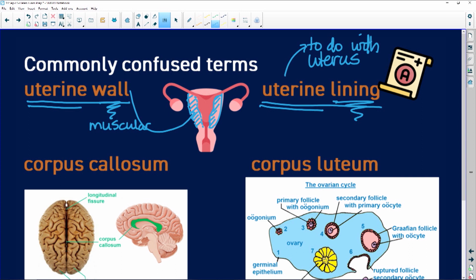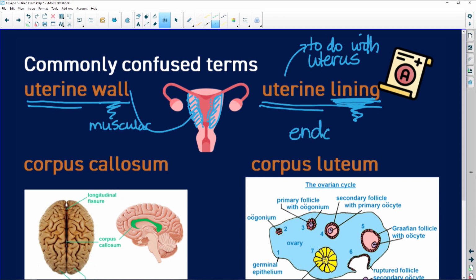The uterine lining lies just inside the uterine wall on the inside of the uterus. It lines the uterus. It forms an inner lining and it has another name.